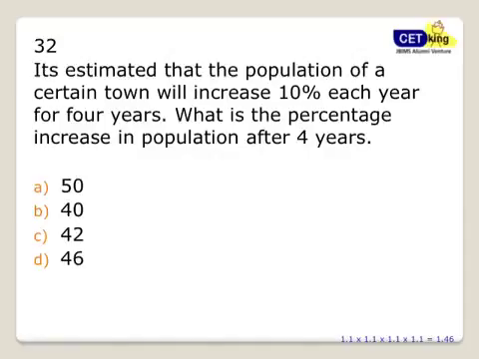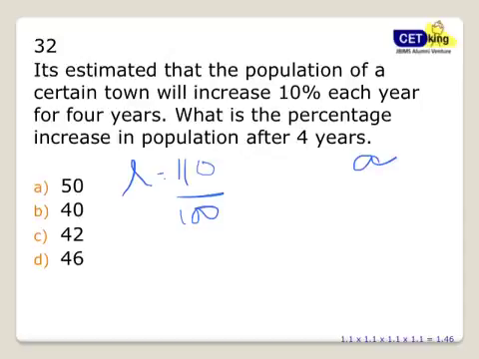Let's assume the first year the population is A. Find R. How much will it come? R is 110% increase, so 110 divided by 100. Right? R is not 10.